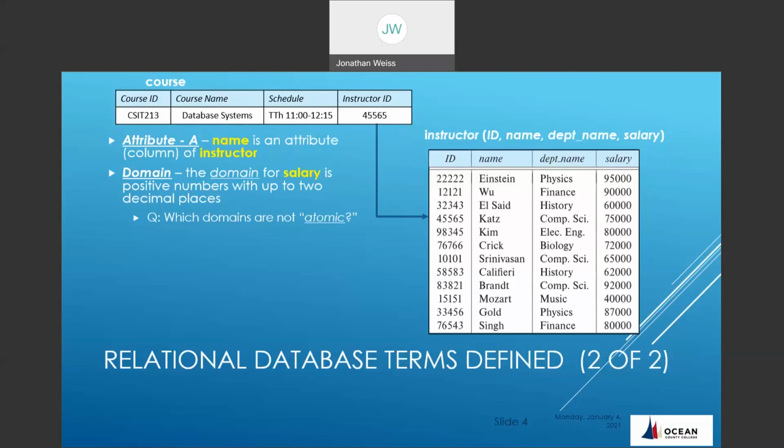Yes. Okay. So if we look at those attributes of course, is there any one of those that you can see that we might break out into multiple attributes? Any of those that look like they might be broken up further?